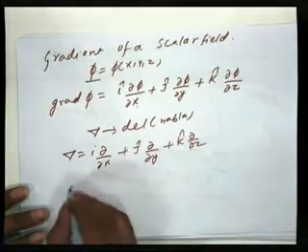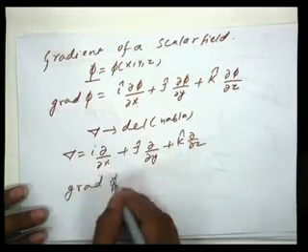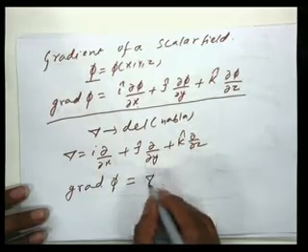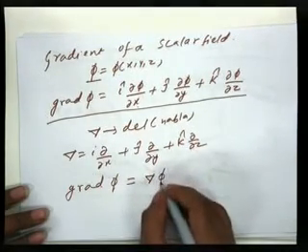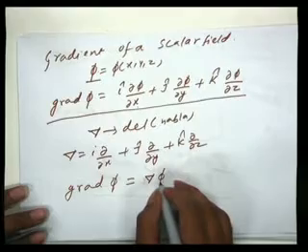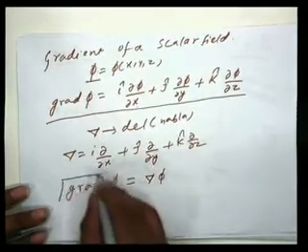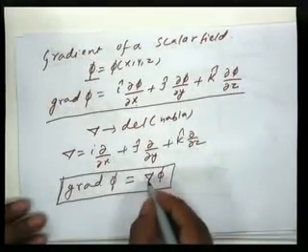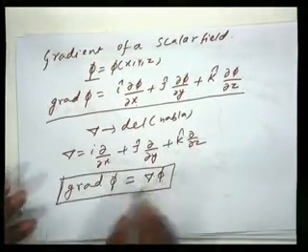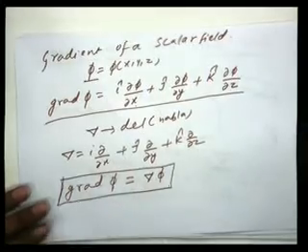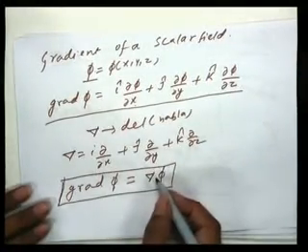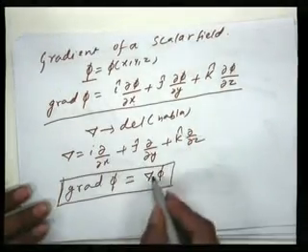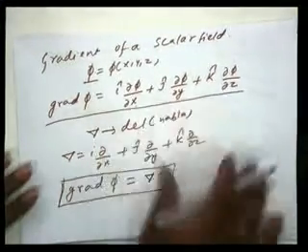Similarly, summarizing the above equation, grad phi is nothing but the operator del or nabla acting on the scalar field phi. So grad phi is the operator which acts on the scalar field phi, and this operator acts along all three components of the x, y and z axes.